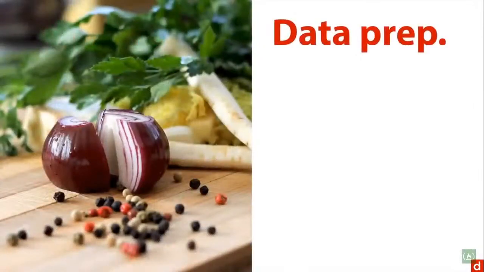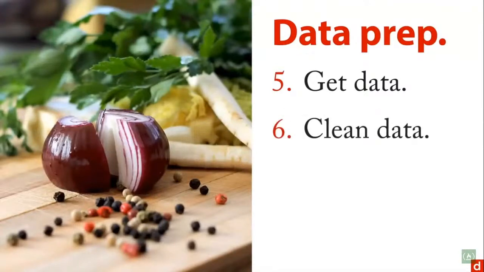Next is the data prep, where you're taking, like food prep, and getting the raw ingredients ready. First, of course, you need to get the data, and it can come from many different sources and be in many different formats. You need to clean the data, and the sad thing is this tends to be a very large part of any data science project, and that's because you're bringing in unusual data from a lot of different places.